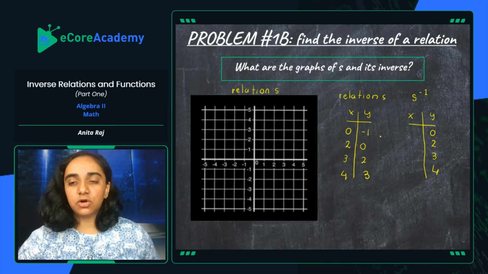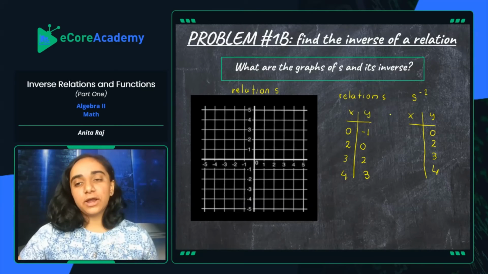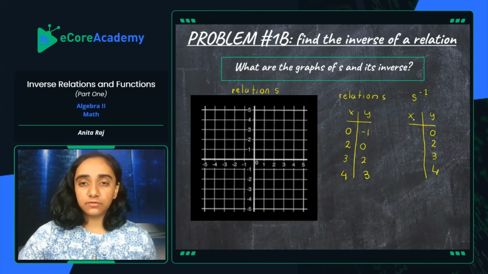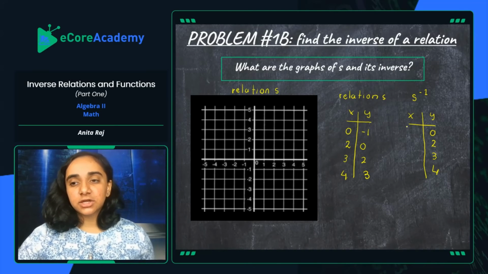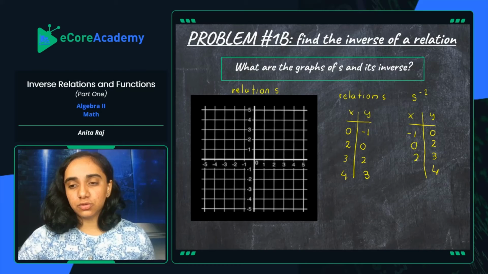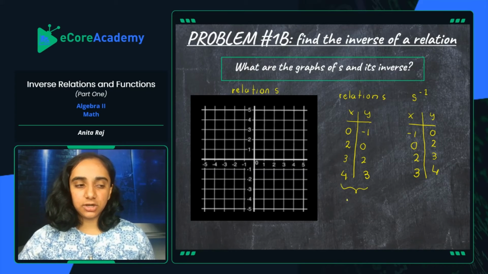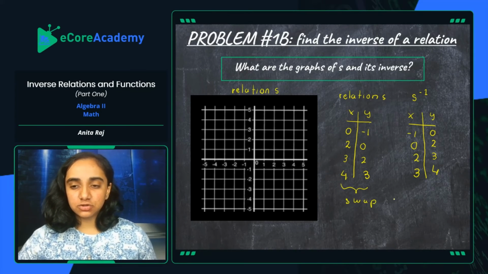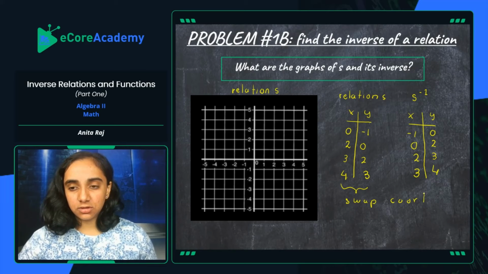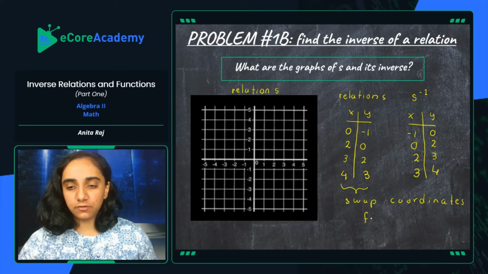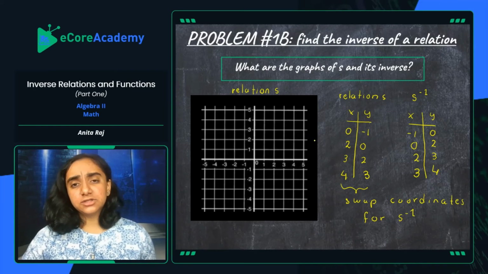And whatever was in the column of y coordinates for relation S, we write in the column for x coordinates of S inverse: -1, 0, 2, and 3. So these are our XY columns. And again, if you didn't know, all you had to do is take these coordinates and swap them to find what the coordinates for S inverse were going to be.